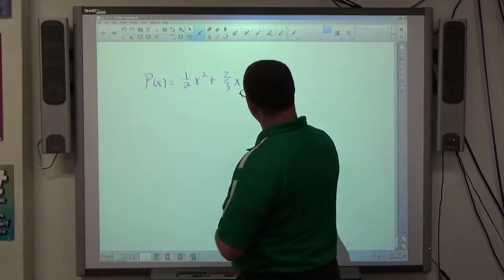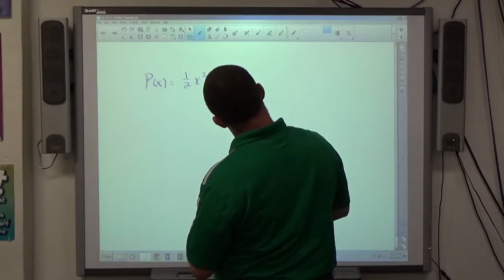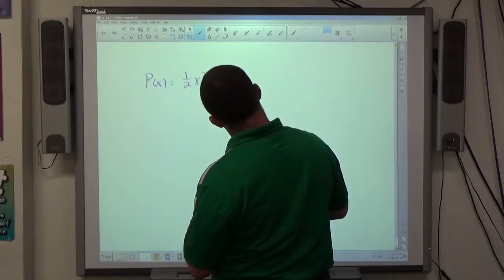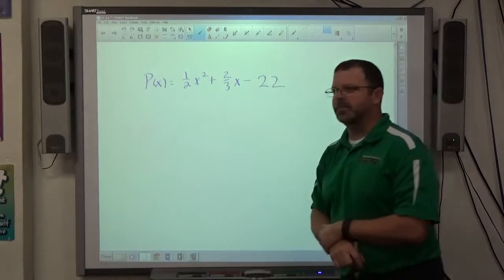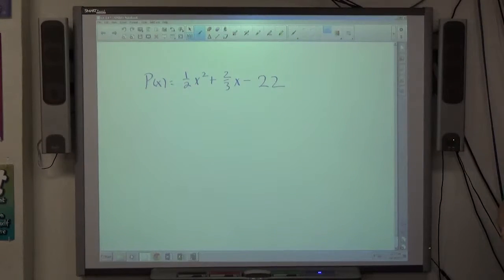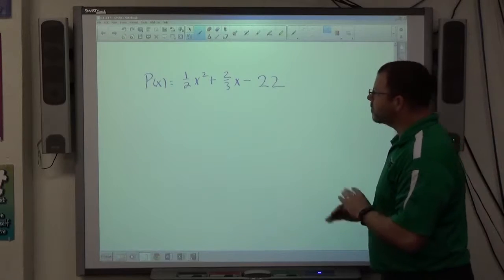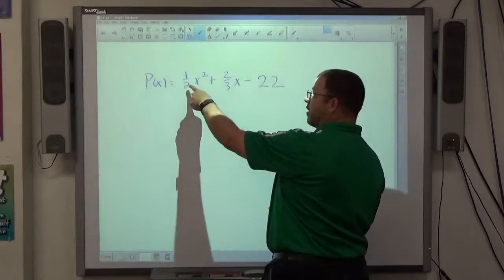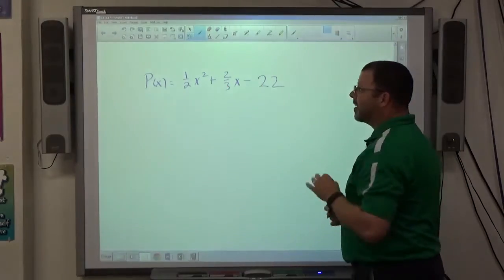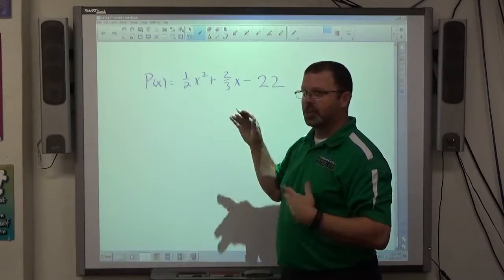At least one good answer. Alright, that has a good answer. What I noticed is that I got 1/2 x squared, 2/3 x minus 22. That's got fractions, and I don't want fractions in a polynomial function.